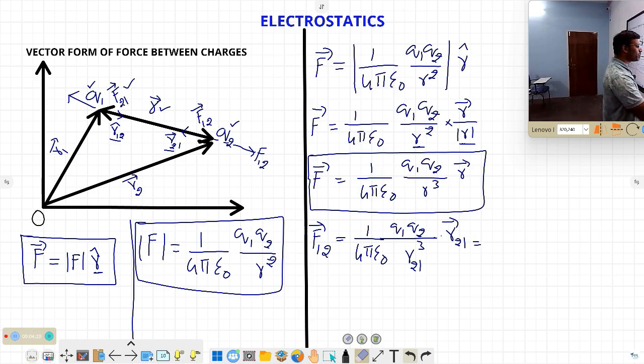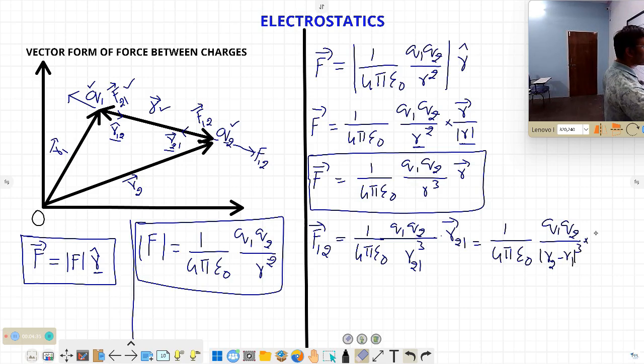If you want to write it more precisely, I can write 1 by 4 pi epsilon naught q1 q2 by the magnitude of r2 minus r1, whole cube, into the r vector, which I can write as r2 vector minus r1 vector. This is the way you can represent one of the forces.